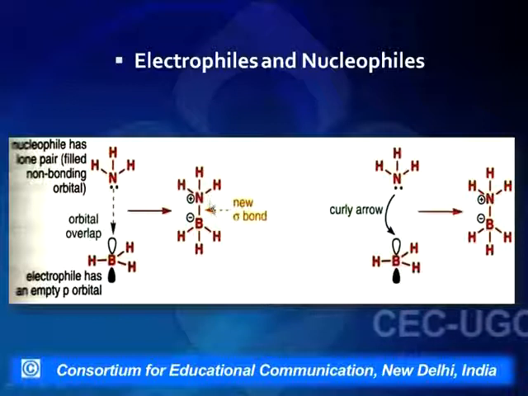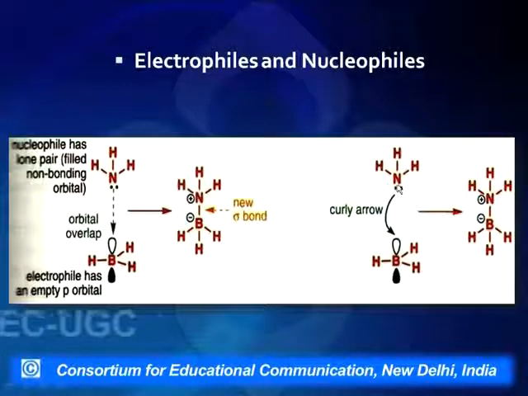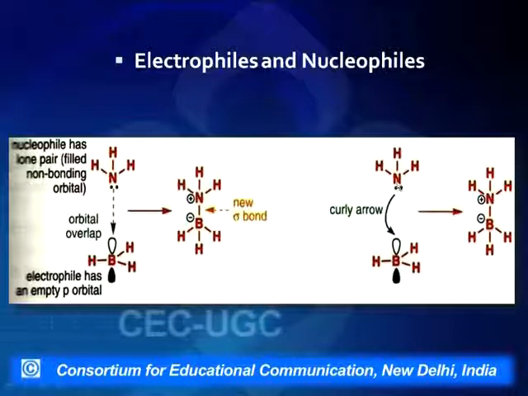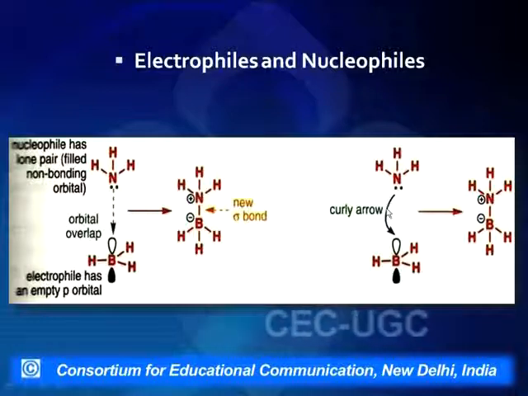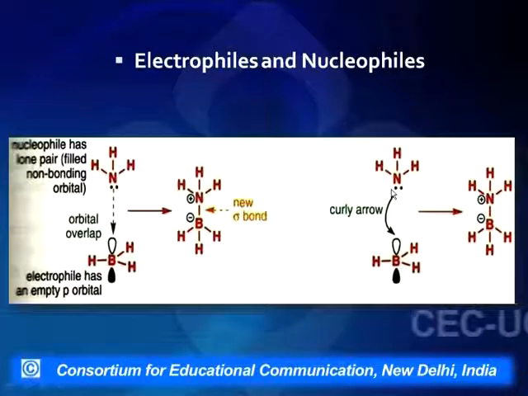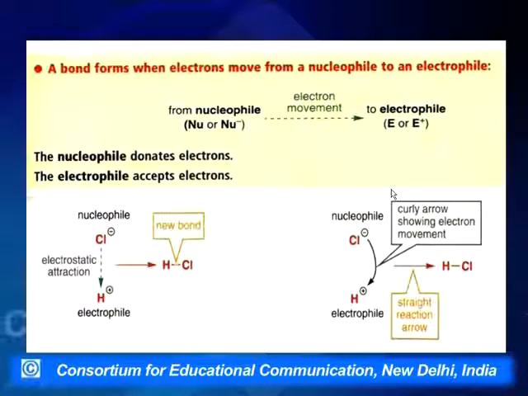A new sigma bond forms, and this is how the electrons flow from the nucleophile to the electrophile, and a bond is formed. So what do we say? That it is a movement of electrons from a nucleophile to an electrophile.